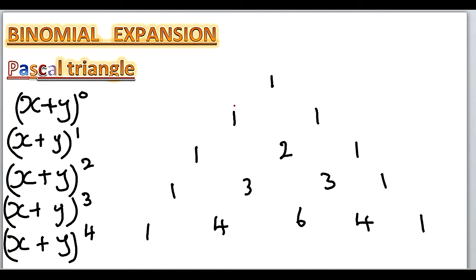Now, looking at this pattern, we can discover something, that each row starts with 1. So you can see each one starts and ends with 1. Then we get the other numbers from those. If you add 1 plus 1, we get 2. If you add 2 to 1, you get 3. If you add 1 here and you add to 2, you get 3.